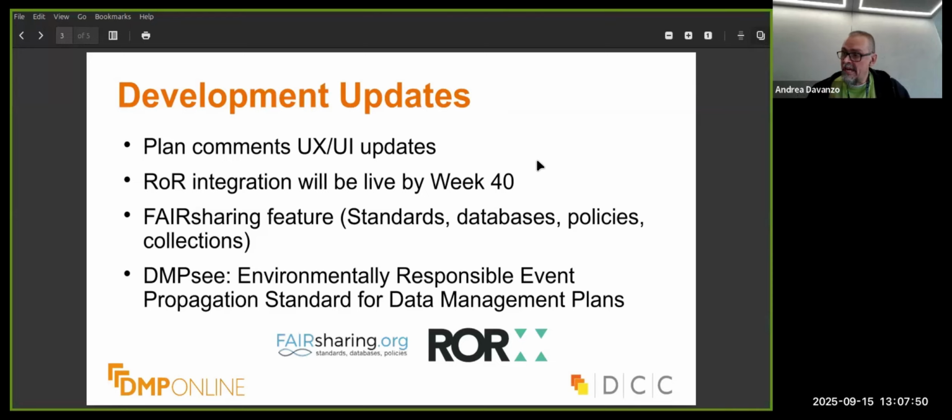Essentially, we will be able to send out notifications also to external organizations about updates that have been made to the plan. For example, if a user has imported a plan on RSpace, through this integration it is possible to tell RSpace that the plan has been updated, and then RSpace can collect the plan again.